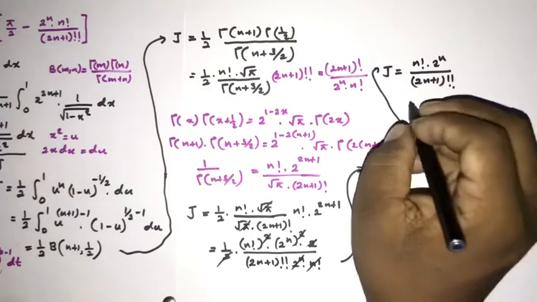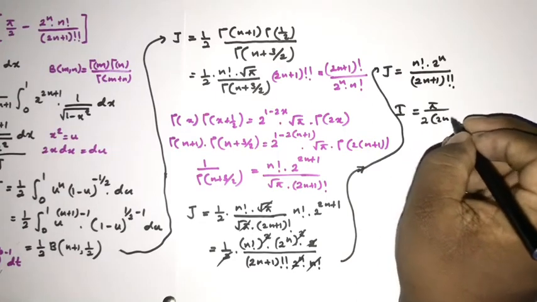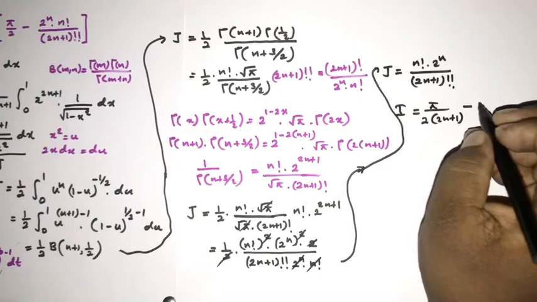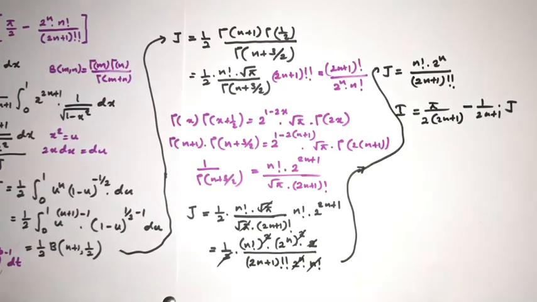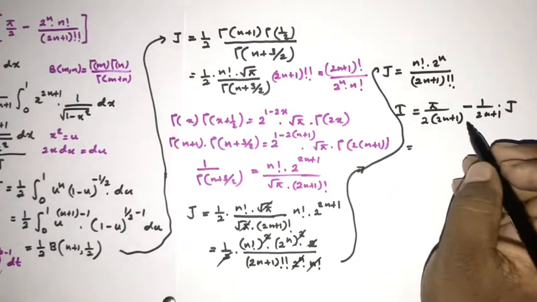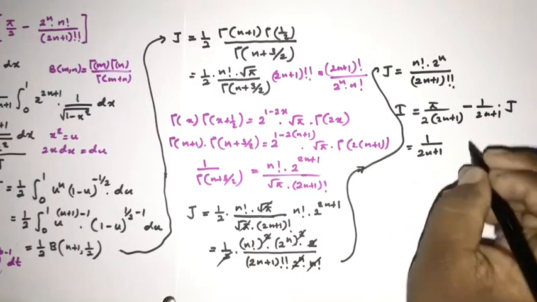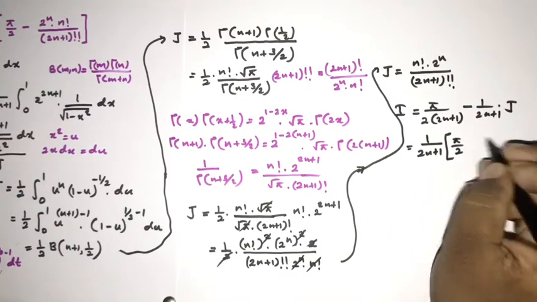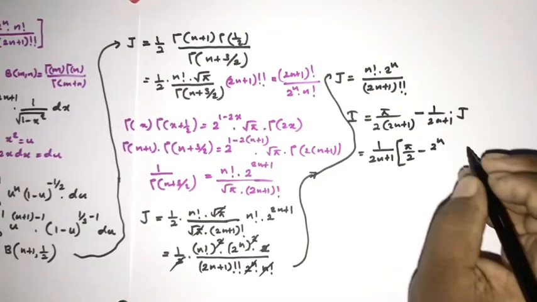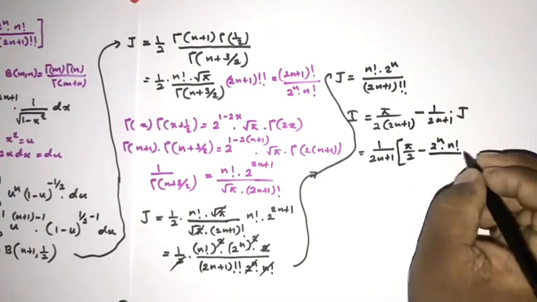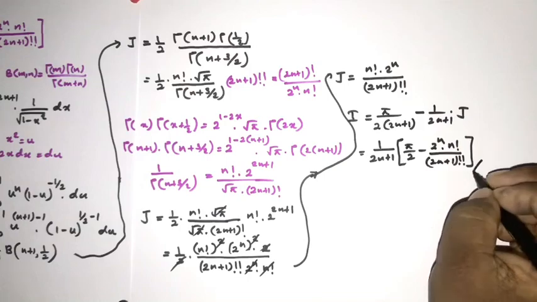Okay, then we know our main integral I is equal to pi over 2 times 2n plus 1 minus 1 over 2n plus 1 times J. Okay, then now we can take 1 over 2n plus 1 as a common factor, so 1 over 2n plus 1, and here we have pi over 2 minus, now J we know 2 raised to the n times n factorial over 2n plus 1 double factorial. Okay, this is the answer for this integral.